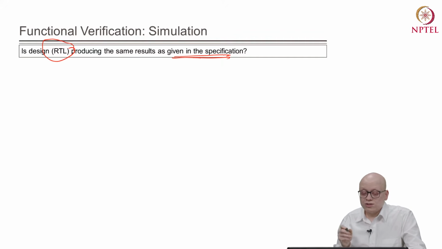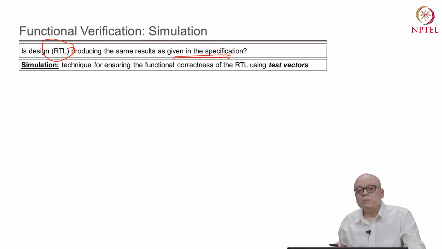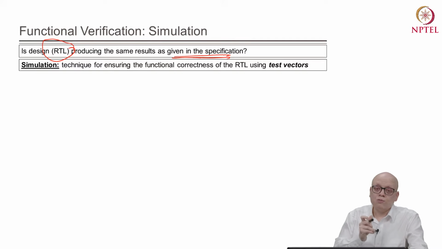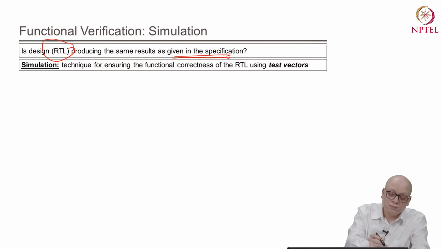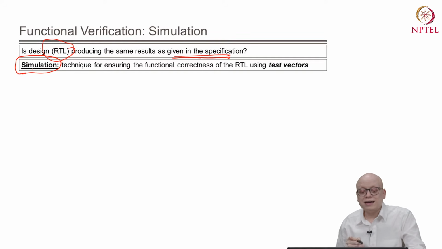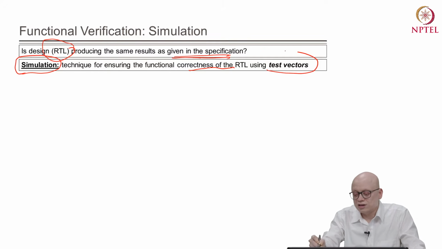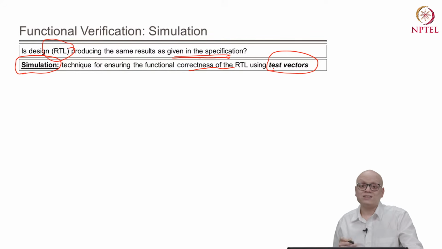So, to ensure this, what do we do? The most common method to ensure that the RTL is as per the given functionality or specification is simulation. Okay. So, simulation is a technique for ensuring the functional correctness of an RTL using test vectors. Now, what are test vectors?